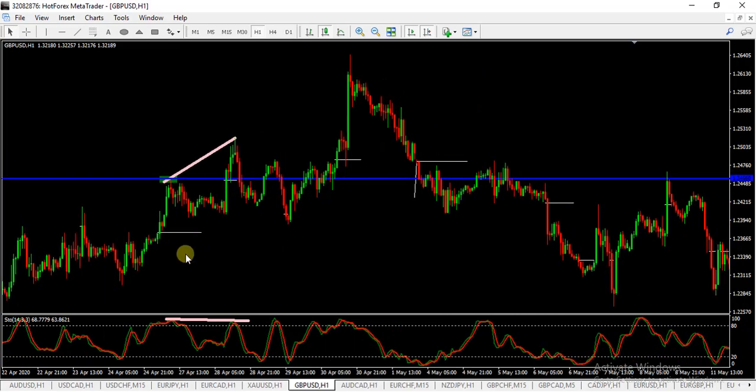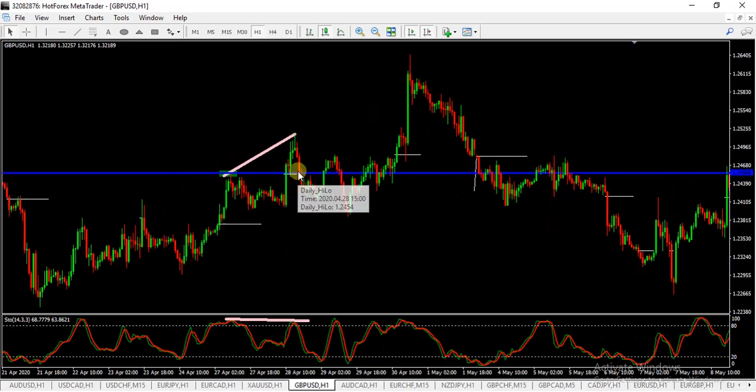So let's assume we took this trade as a sell the moment price broke and closed below this level. What else should you look out for? Divergence signals. Watch out for divergence. The price may just go like that without producing any signal, but the moment price gives you a divergence signal against you, guys, close this particular trade.